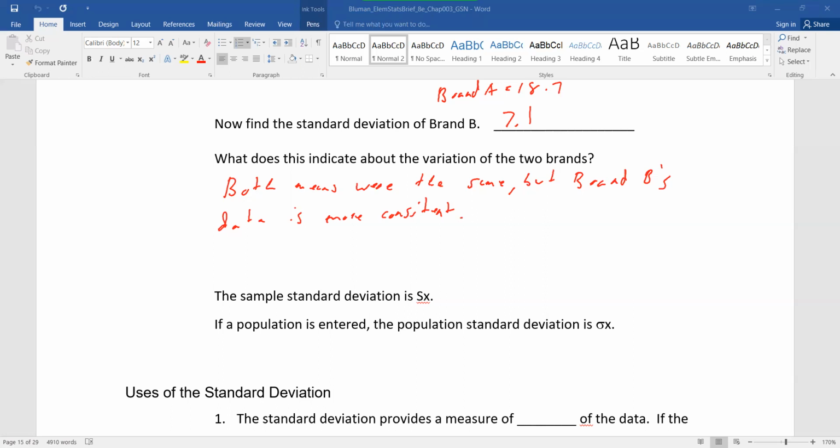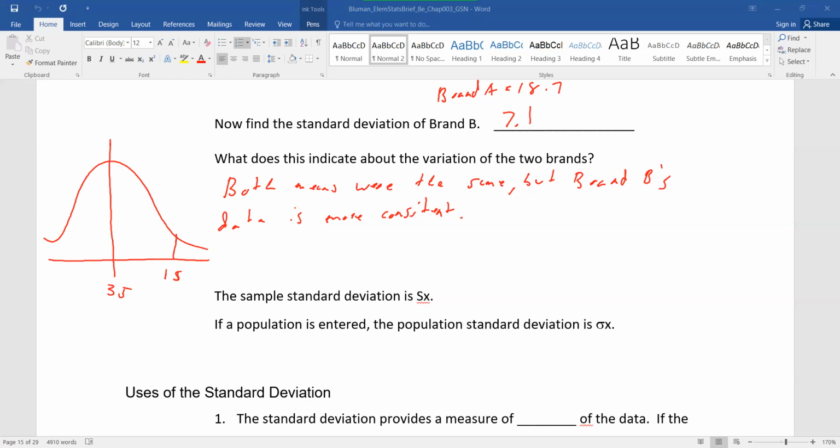Now that we have some data here, we didn't have data last time, let's take this bell curve I tried to write last time. We have our mean of 35. For brand A, if I wanted to know where most of my data was, one standard deviation, so 1S, would be 18.7. Is that what you said?